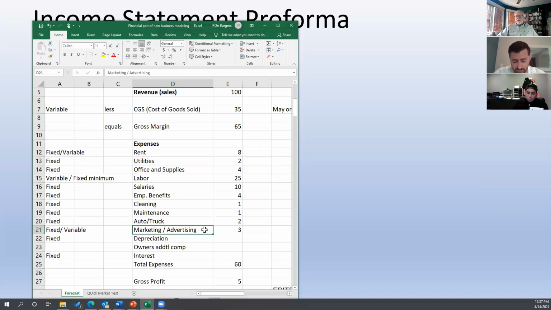Marketing and advertising is almost always a fixed expense, but there are a lot of companies that drive their marketing budget off of their revenue and let that be a percentage of revenue, so that the more revenue they do, the more marketing money they spend or advertising.